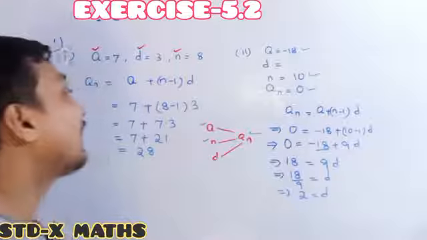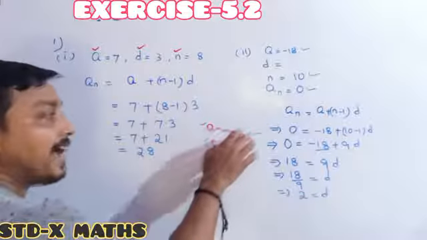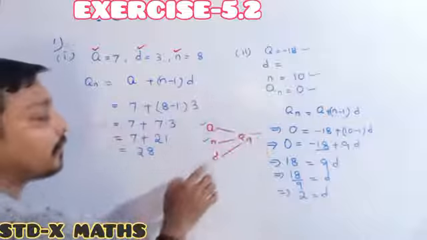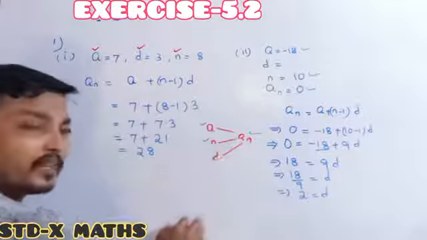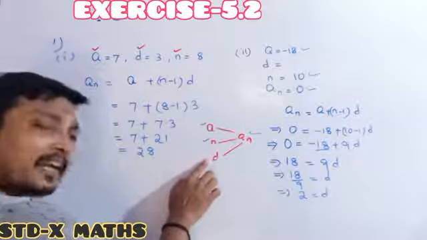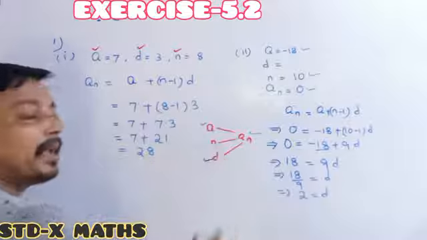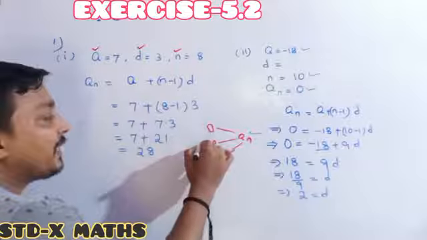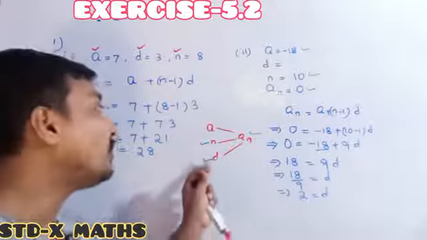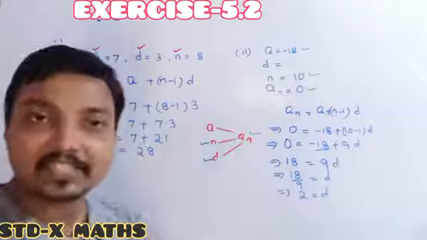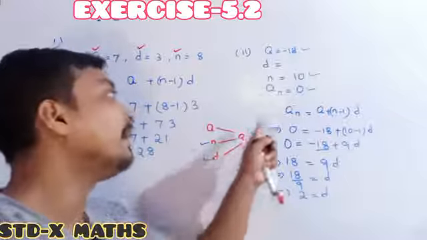Actually, in question number I, three values were given and it asked for this one. In question number II, one was missing, and that one was our D. Listen, remember, just like D was missing, in the next question D may be given and N may be missing. In the next question N may be given and this one may be missing. Whenever out of the three any one is missing, you have to directly put the other two values in the equation.